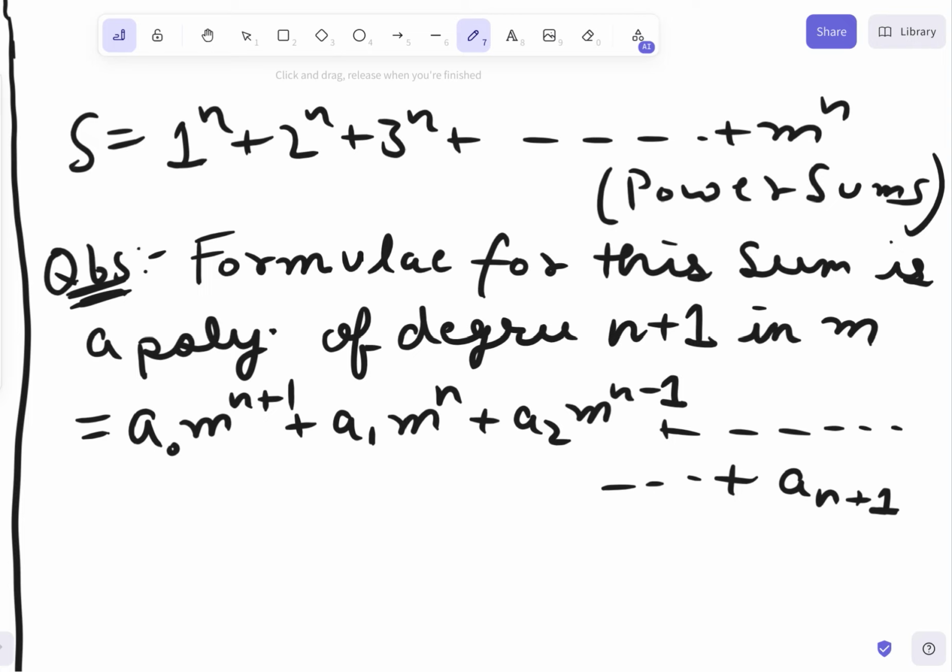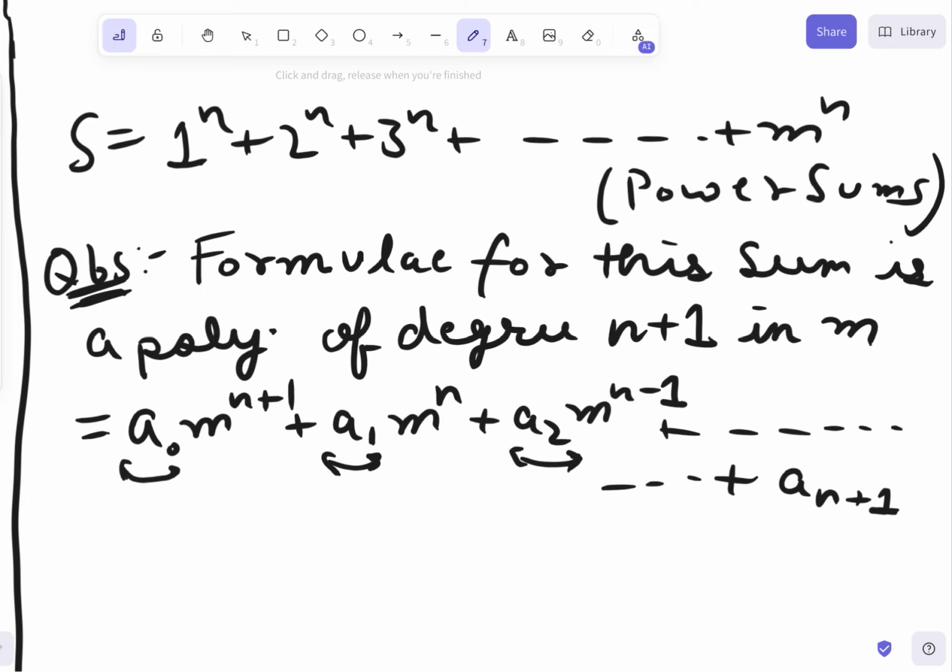Of course, in the actual formula, when we find the formula for this sum, this a naught, a1, a2, they will not be variables, they will be some values. But if you try to find a formula for this kind of sum, it will look like this. And this formula is helpful because let's say the power is small.